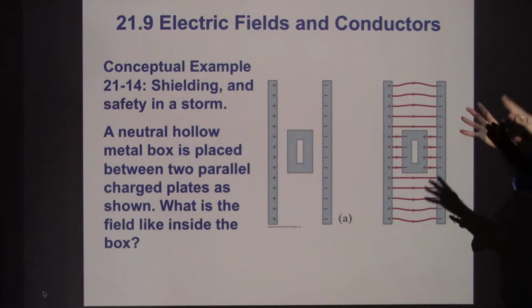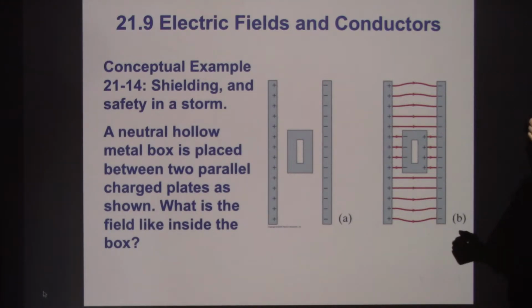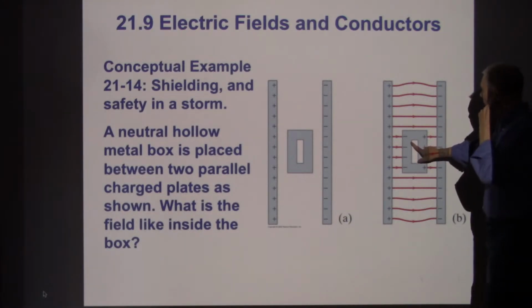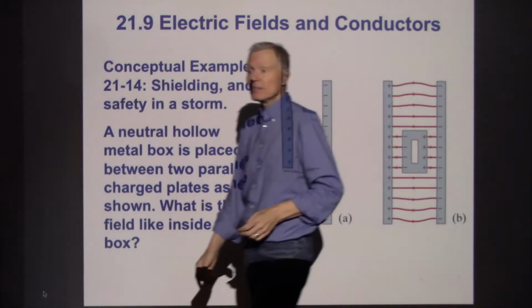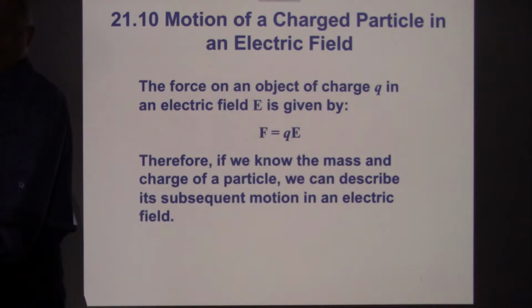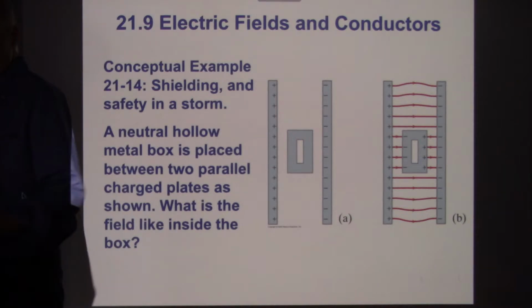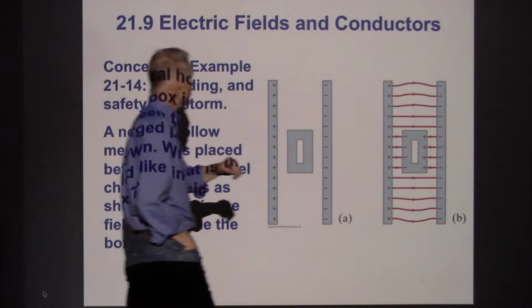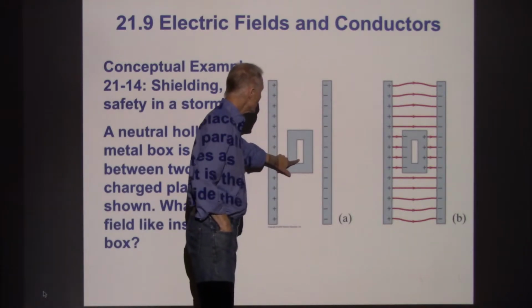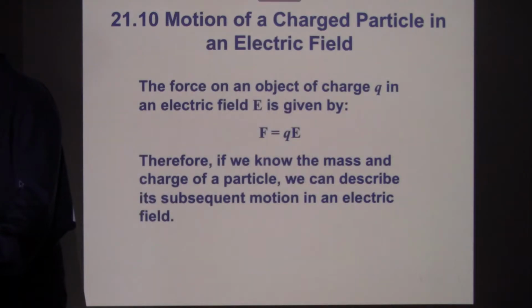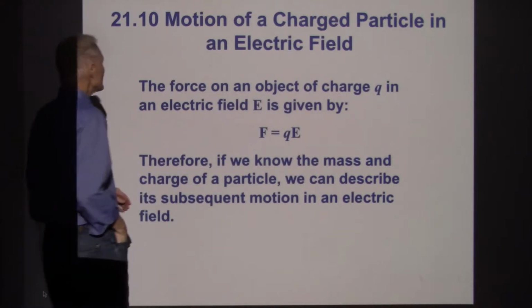The electrons will be drawn to the surfaces or pushed away from the surfaces in a manner where the electric field inside that conducting material is going to be maintained as zero. So not only is the electric field within the conducting material itself zero, but if there's no other charges within this, then the electric field inside will also be zero. Okay, all right, this is an important topic, so let's pay attention on this one.